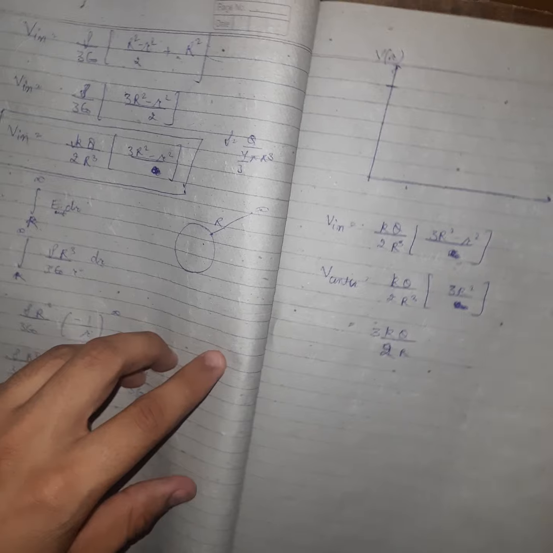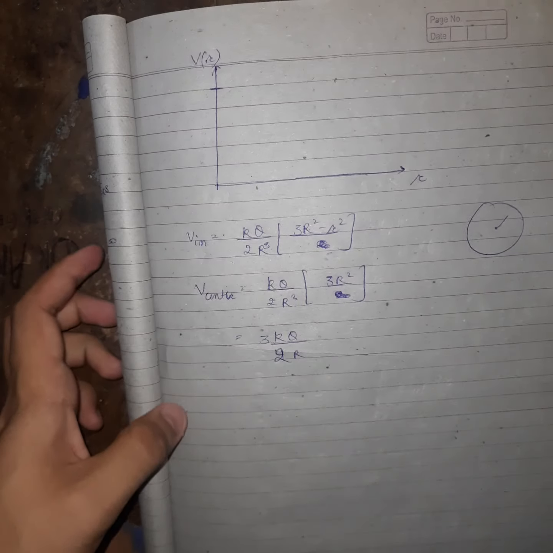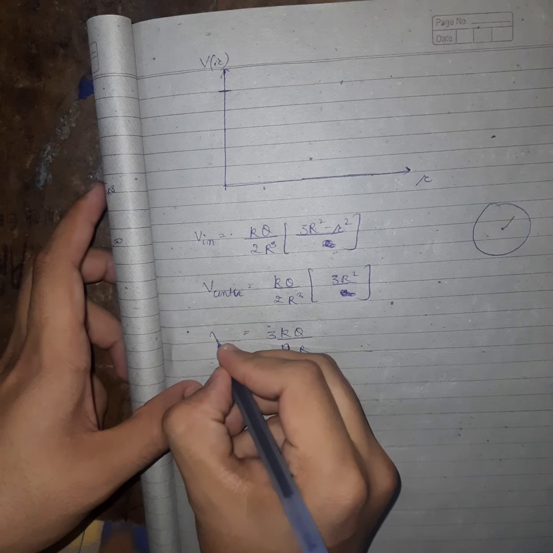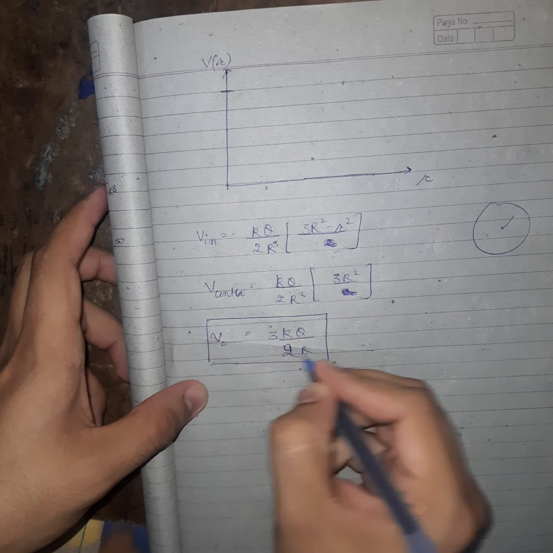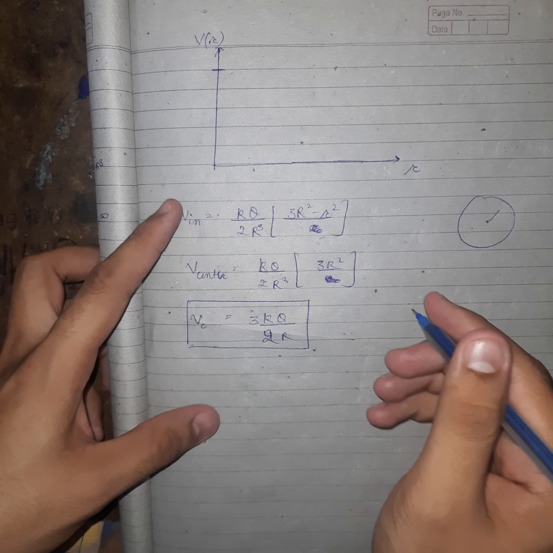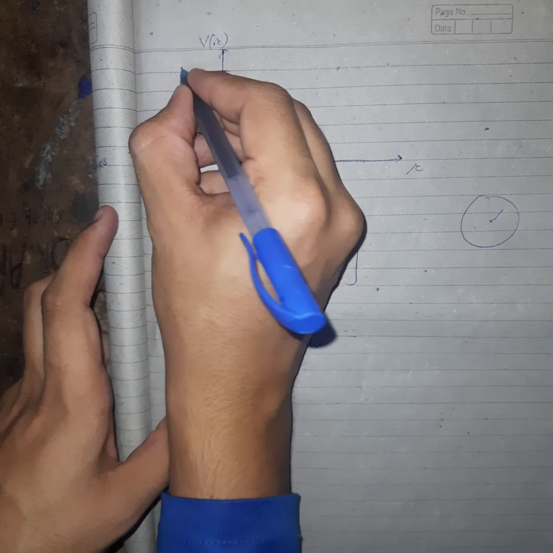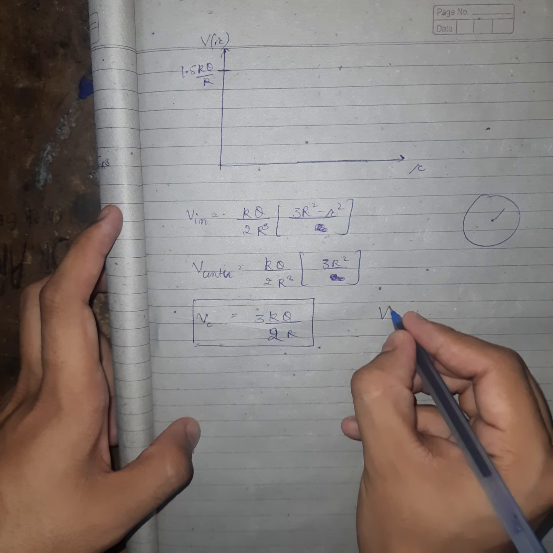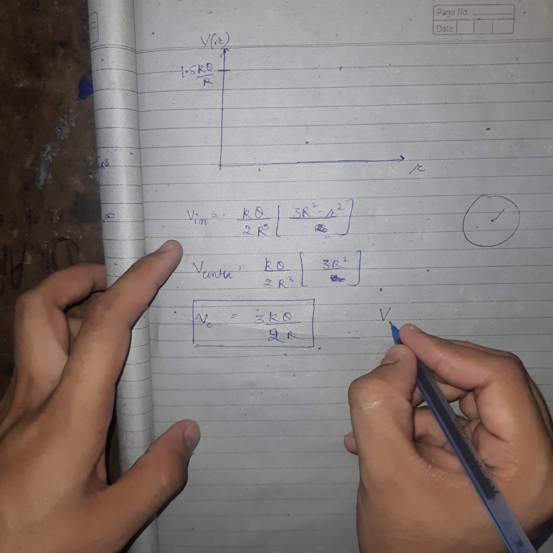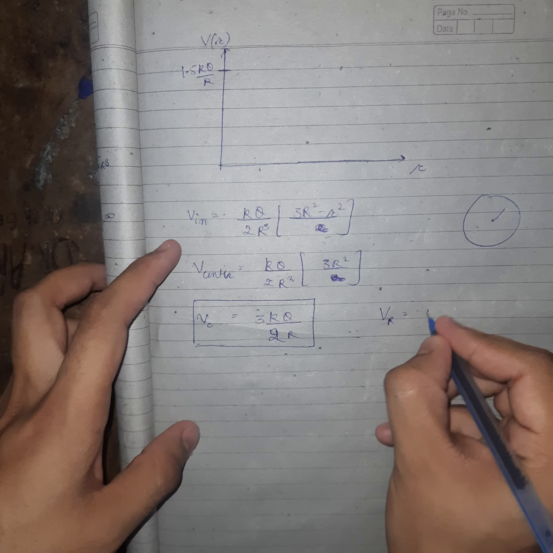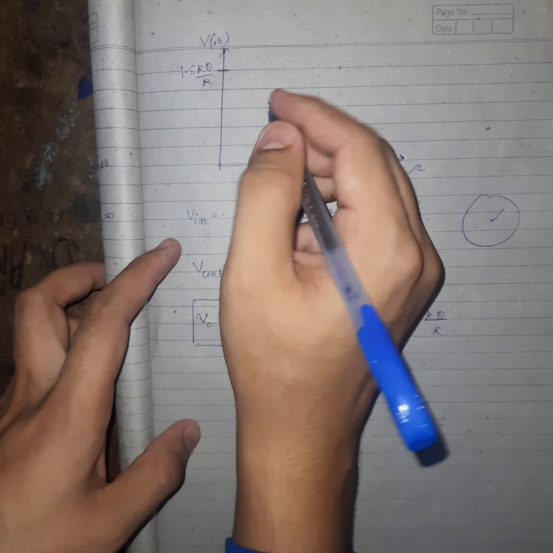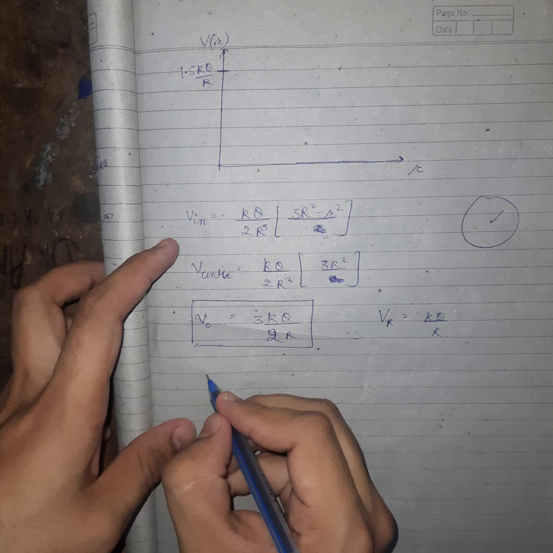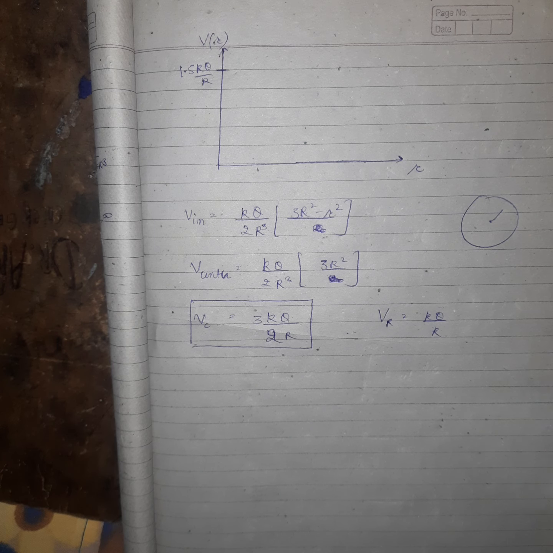So the potential at the center is 3 by 2 kQ by R, so 1.5 kQ by R, and the potential at the surface is kQ by R, which is less. And the potential at a long distance will be the same as the potential outside.